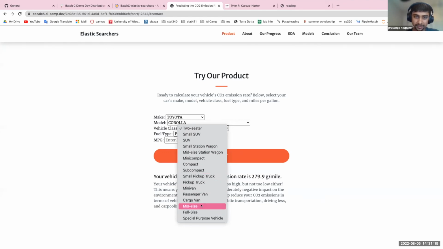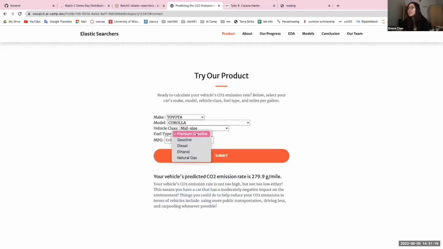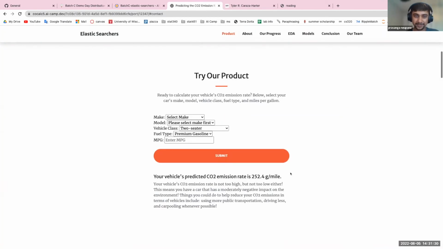Okay, let's go with the mid-size. Gasoline, I guess. Probably 28. Okay. Let's see if I have to replace my car. Okay, that's better than the Rio, I guess. Yeah. Okay, great. Thank you so much. You're welcome. I love the product.